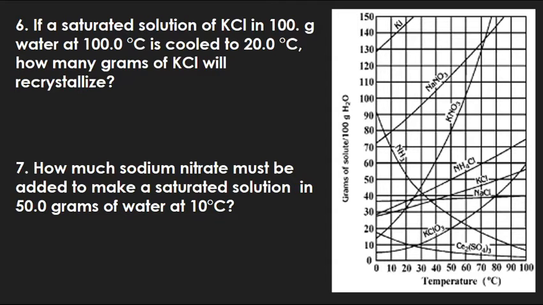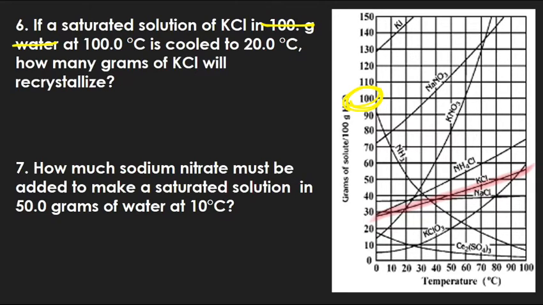And so here in this question number 6, this is talking about KCl. So finding that line and highlighting it in 100 grams of water. So thank goodness I don't have to do any crazy math here. You might notice that I tend to scratch out, or even just put a single line through, the 100 grams. I want to visually keep myself from accidentally trying to look at that 100 grams on my y-axis.